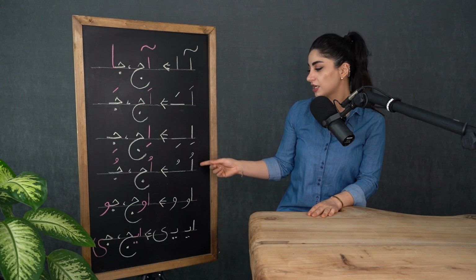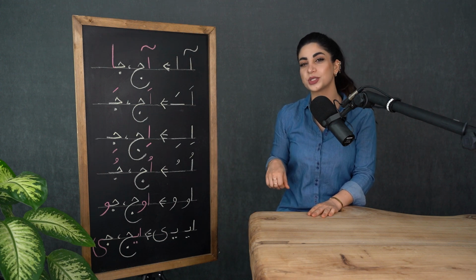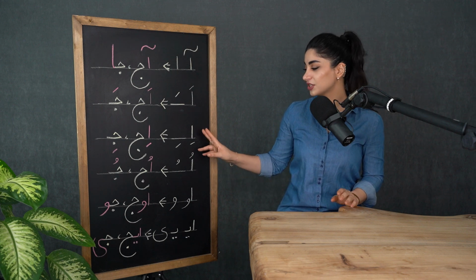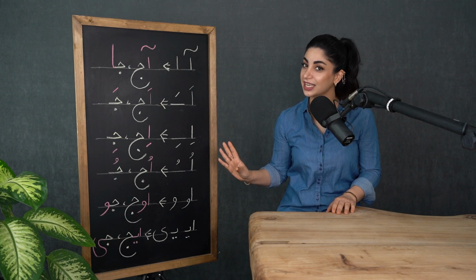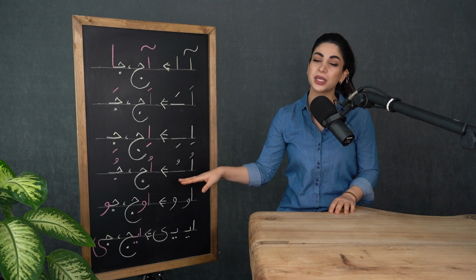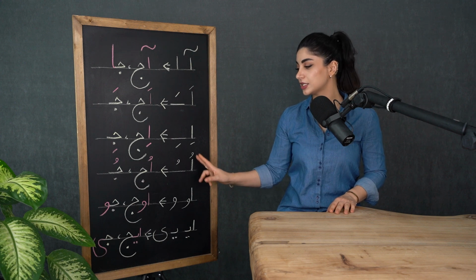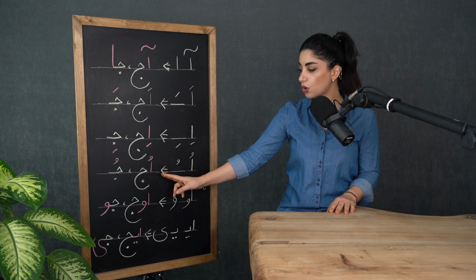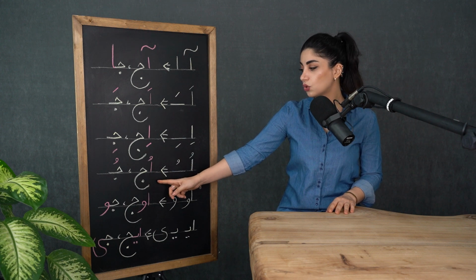Next one. What happens if this one wants to play with j? The one that doesn't attach comes at the beginning. The one that attaches comes in the middle of a word. So if it wants to play with j, it would be o, j, o, j.